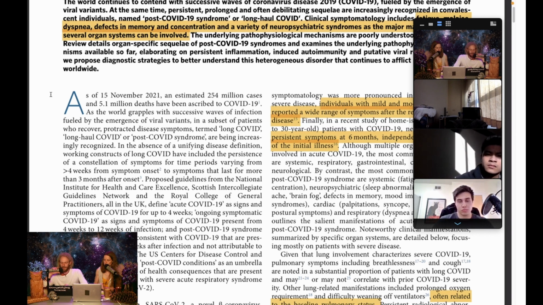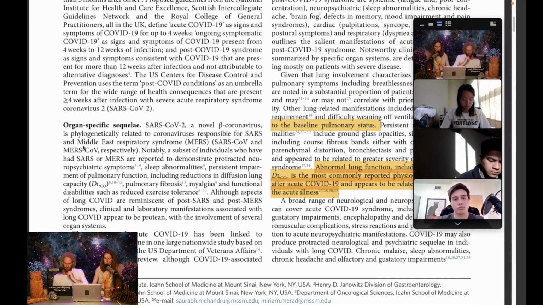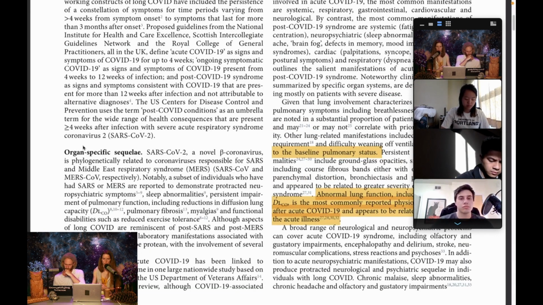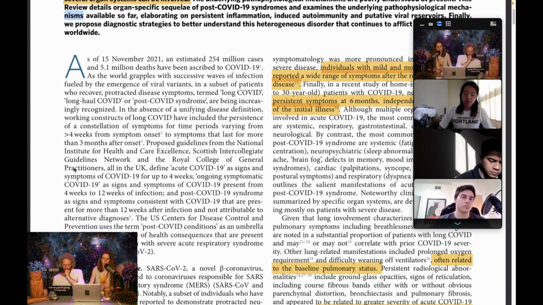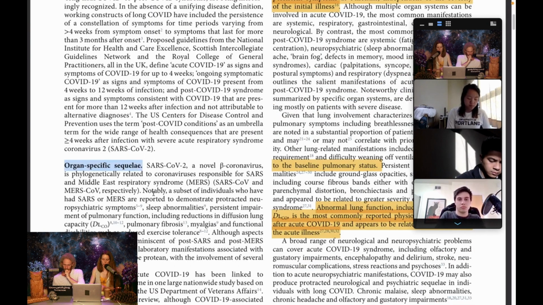But essentially the idea is that you're symptomatic long after infection and it's not attributable to other diagnoses. The paper is going to be talking about the specific sequelae and manifestations. They're sort of clinical, physical, medical symptoms, and it's talking about organ-specific presentations.